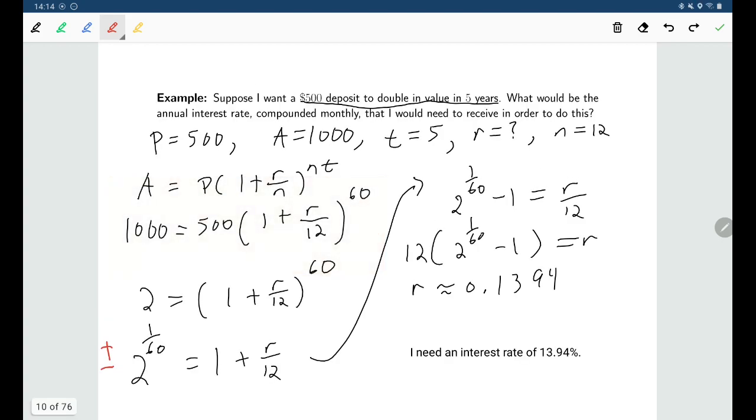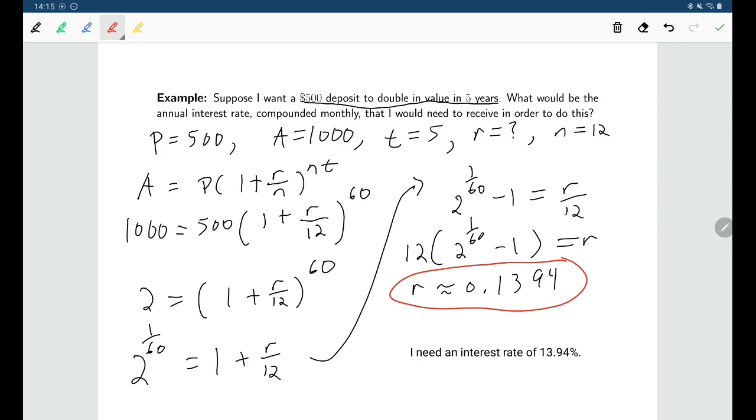The reason that I didn't take plus or minus the 60th root here is because I know in advance that since I'm talking about things where r is an interest rate, then interest rates are percentages. Those are numbers between 0 and 1. So that's the reason why I shouldn't have a negative here. If I had a negative 60th root of 2, that could make the final outcome that I have here a negative value.